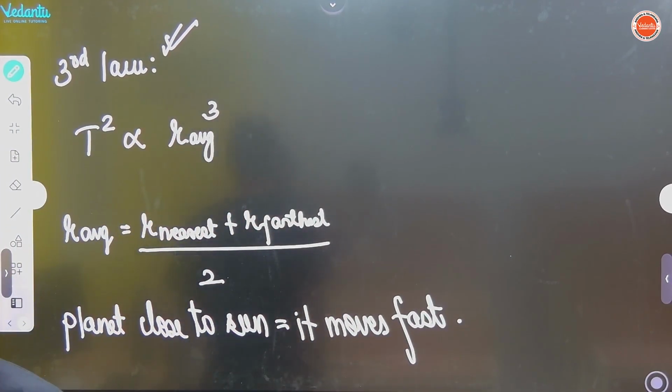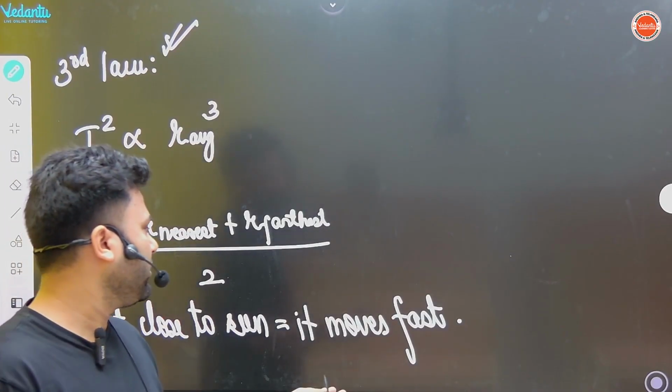Means if they ask the speed of the planet, when it is near to the sun, it is high, and when it is far from the sun, it will be low. They ask questions from here also.